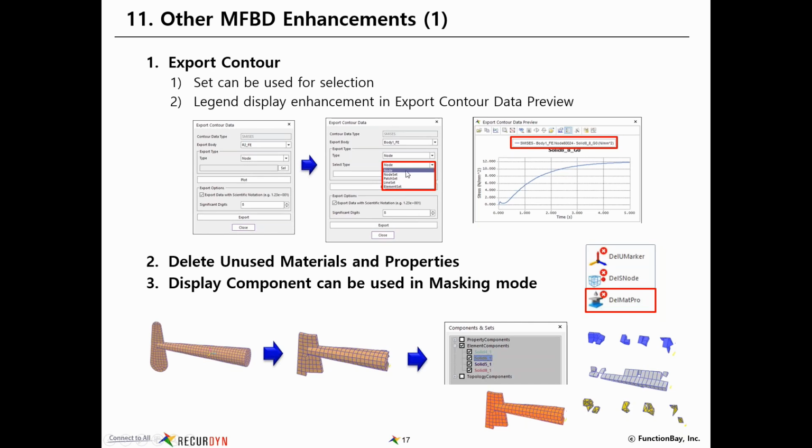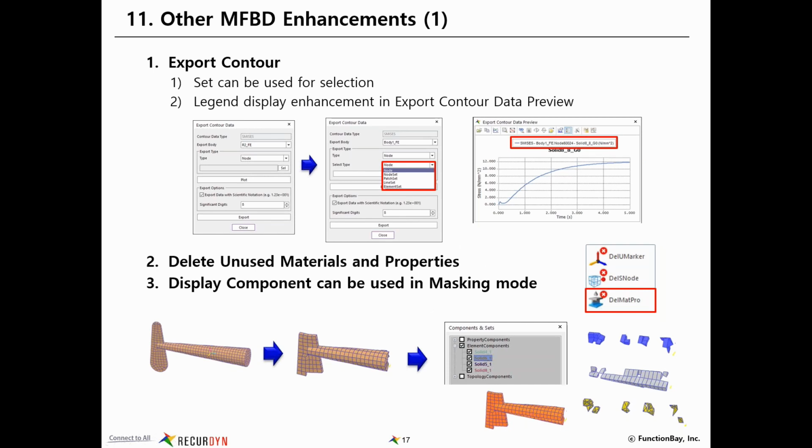You can select between the node set and patch set, what you're trying to export. In RecurDyn V9R2, it wasn't labeled very accurately, so it could be a little bit confusing what you're actually looking at once you imported it or opened it up. It's labeled a little bit more accurately now so that you can have a little bit more detail of what you're actually looking at.